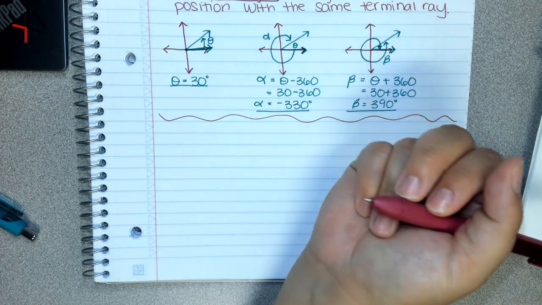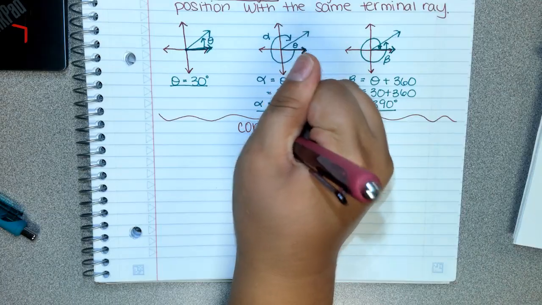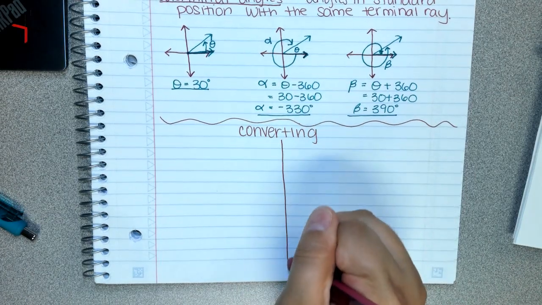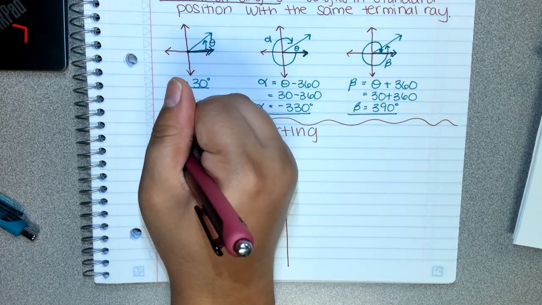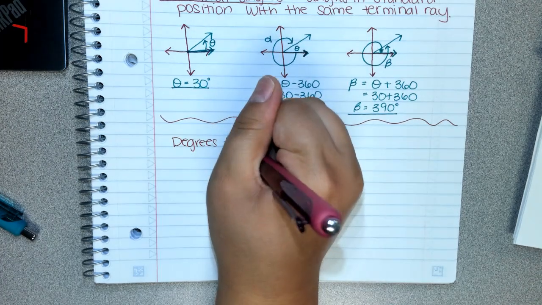So this next section is going to be called converting. And first we are going to convert degrees to radians.